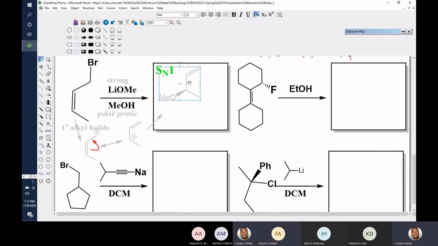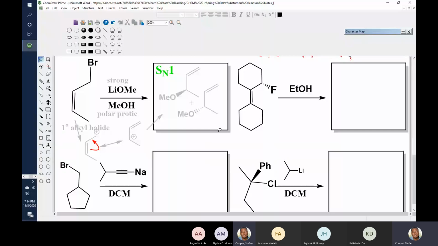Yes, ma'am. Are we sure it's stereochemistry because the carbon is chiral? That's exactly correct. So I'm going to get these two products from this reaction in equal amounts. They'll be racemic.